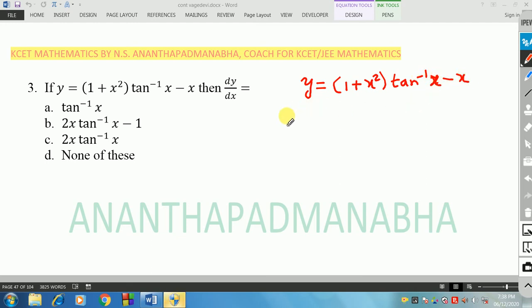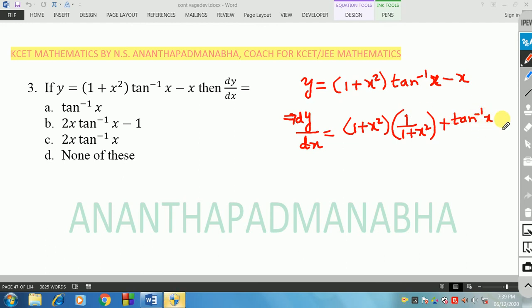We will differentiate with respect to x so that we get dy by dx is equal to 1 plus x square is first function. Derivative of tan inverse x is 1 by 1 plus x square, plus second function is tan inverse of x into derivative of 1 plus x square is 2x minus derivative of x is 1.